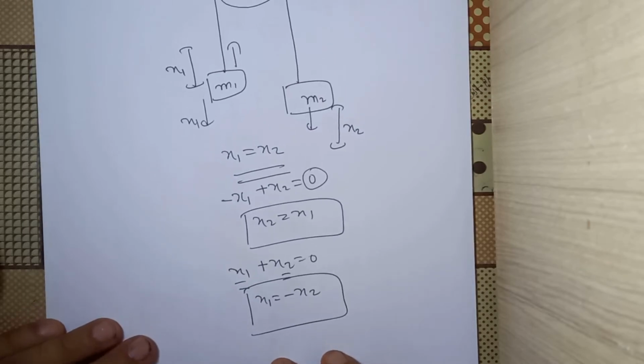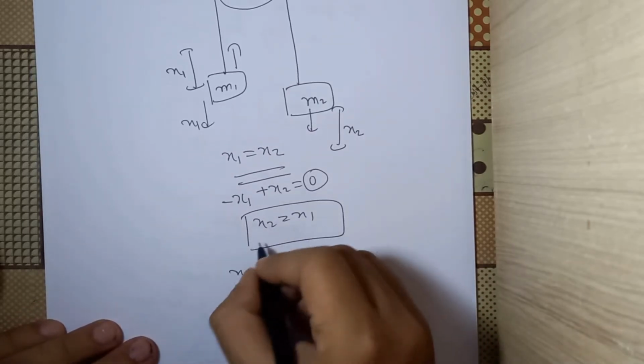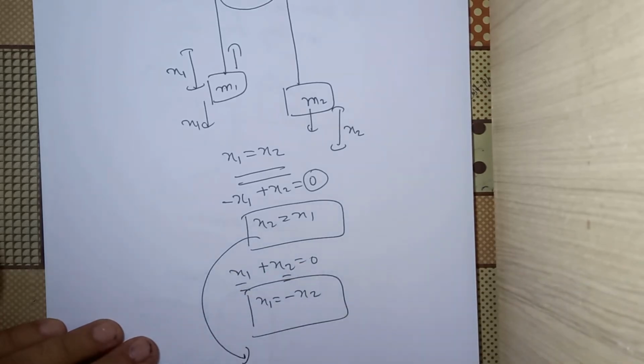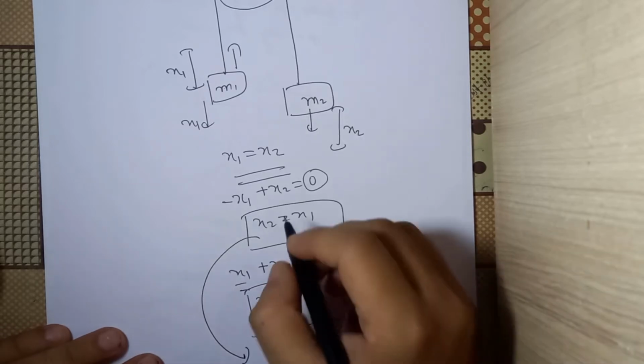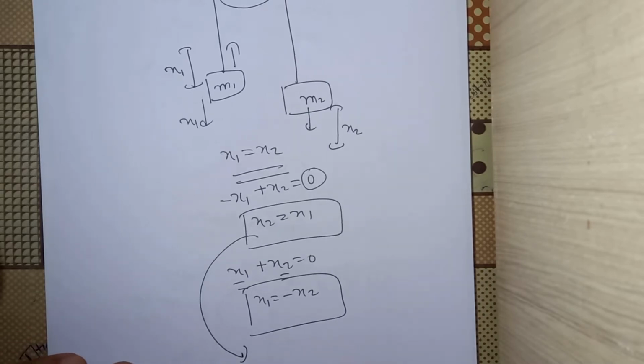So what we do in pulley problems is, first of all, we try to develop these kind of relations, and then with these relations we try to develop the relations for acceleration. So when we are saying that x2 is equal to x1, we can differentiate this equation to get a relation between velocities of mass m1 and m2.